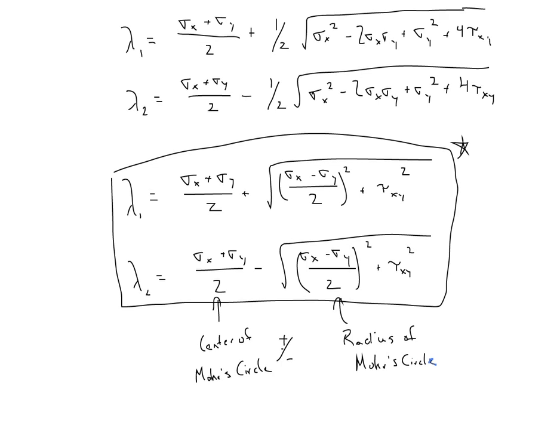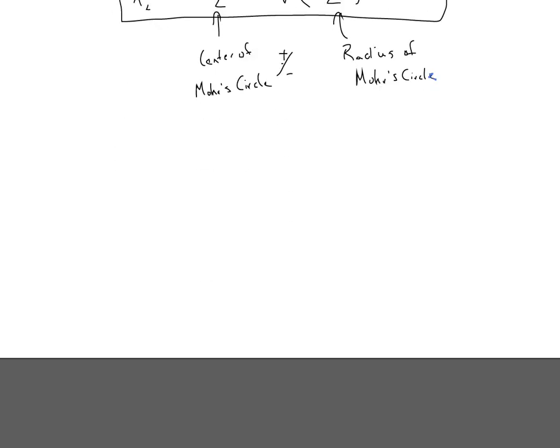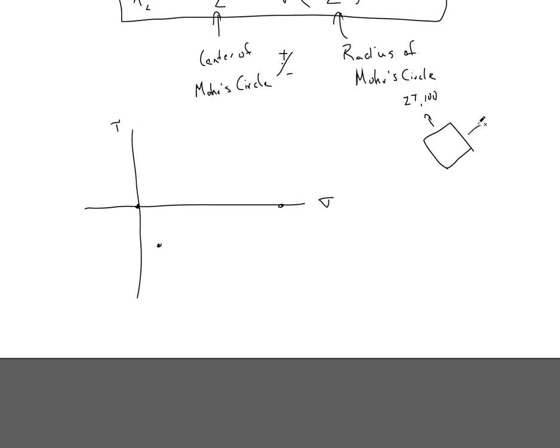So I can go back up to the beginning. I'll just redraw it here for the purposes of this space. I'll pretend like I don't know it goes through 0 and 400. Instead, I'm going to take one side of my element, which is drawn here, 27, 100, and the other side, which is 373, 100.